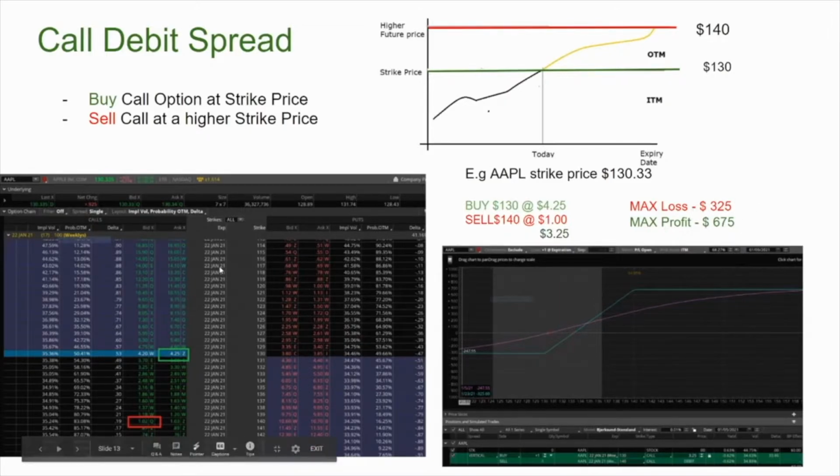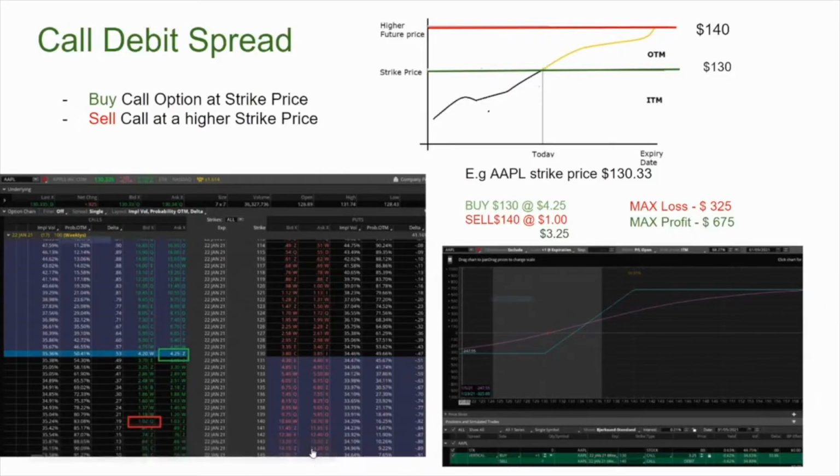It's called a vertical because on the chain, the buy call and the sell call are vertically aligned. I've shown them in different colors so it's easier to see. You're buying at or close to at the money and selling further out of the money.